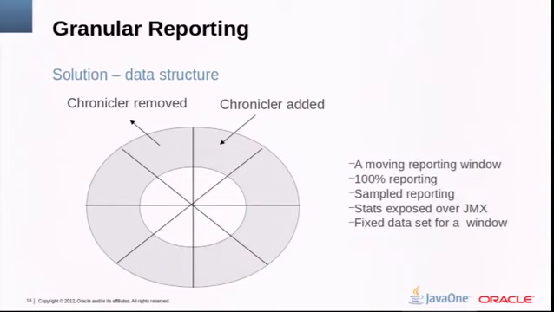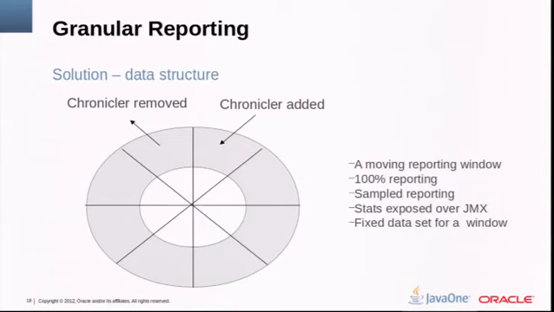Second is sample reporting. I would talk about why sampling is not a good idea, but what we can do is, when the requests are being chronicled, at that layer we have an ability to sample the request. Maybe in some scenarios we don't want to track 100% of latencies. We just want to see the general health.